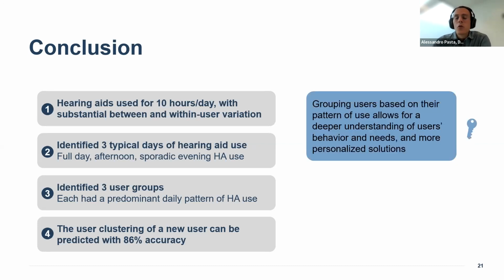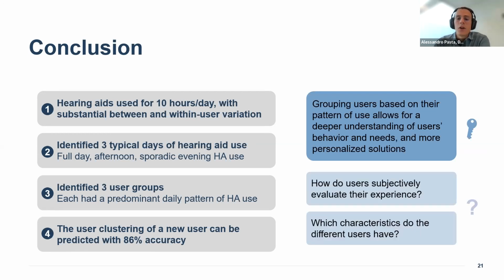All in all, grouping users based on their pattern of use enables both a deeper understanding of our users' behavior and needs, but also a long-term, more personalized solution. And in terms of future work, it would be very interesting to firstly look into complementing this data with more subjective evaluations of the experience of our users.